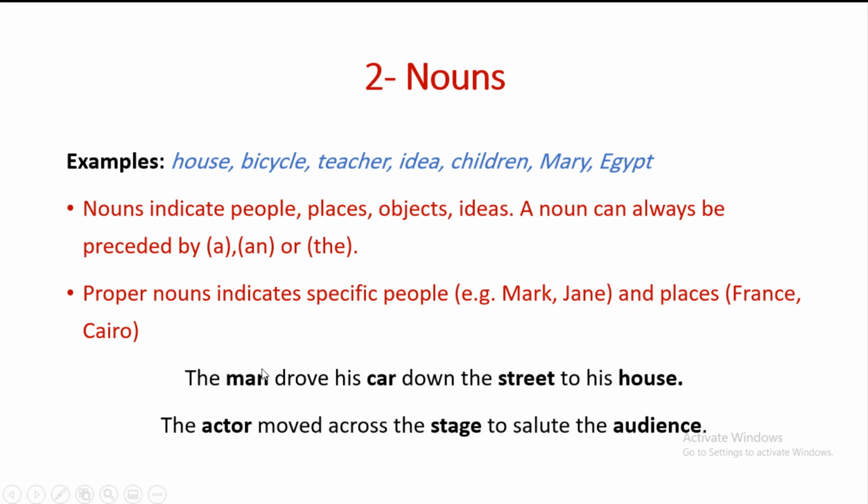we kept saying noun and pronoun, so we already know that a girl, from the previous example, is a noun. All right, so nouns are words that are used to indicate specific people or places or things.